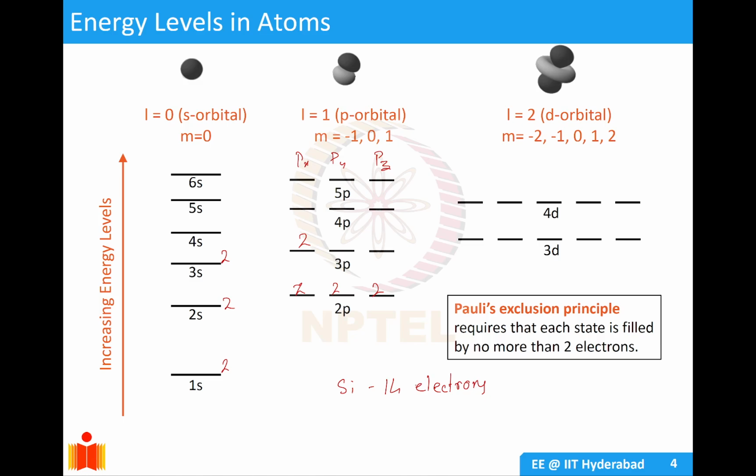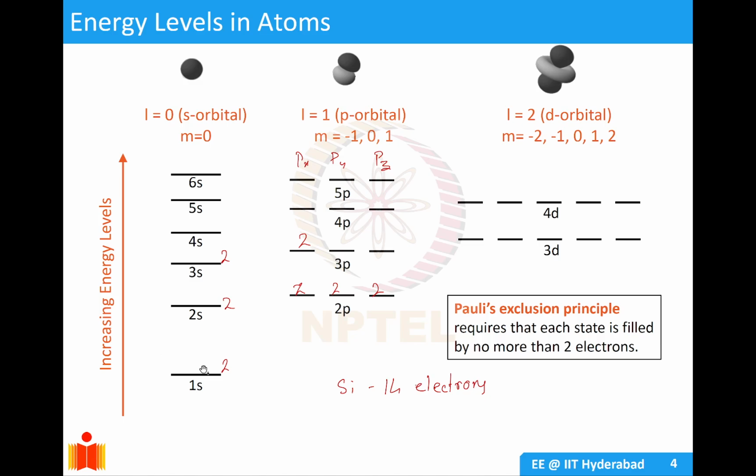An electron is a fermion, so it has two spin states, plus half and minus half. Each energy state can have a maximum of two electrons, one for plus half and one for minus half. This is how the energy states and orbitals are given.